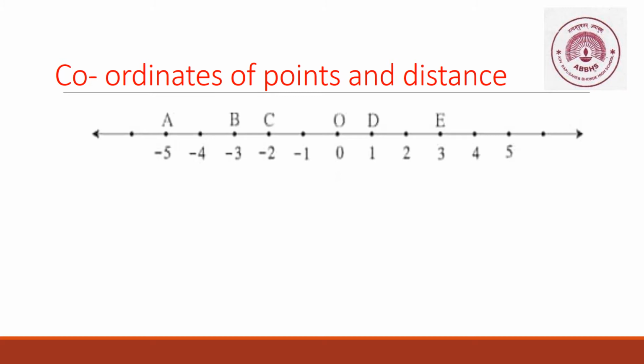Here, the point D on the number line denotes the number 1. So, it is said that 1 is the coordinate of point D. Similarly, the point B denotes the number -3 on the number line. Hence, the coordinate of point B is -3. Similarly, you can say the coordinate of point A is -5, and the coordinate of point E is 3.